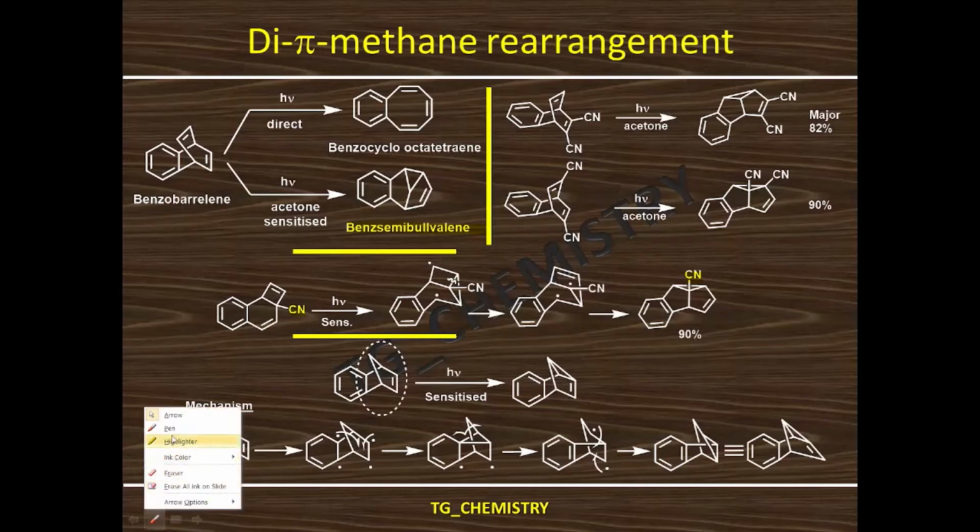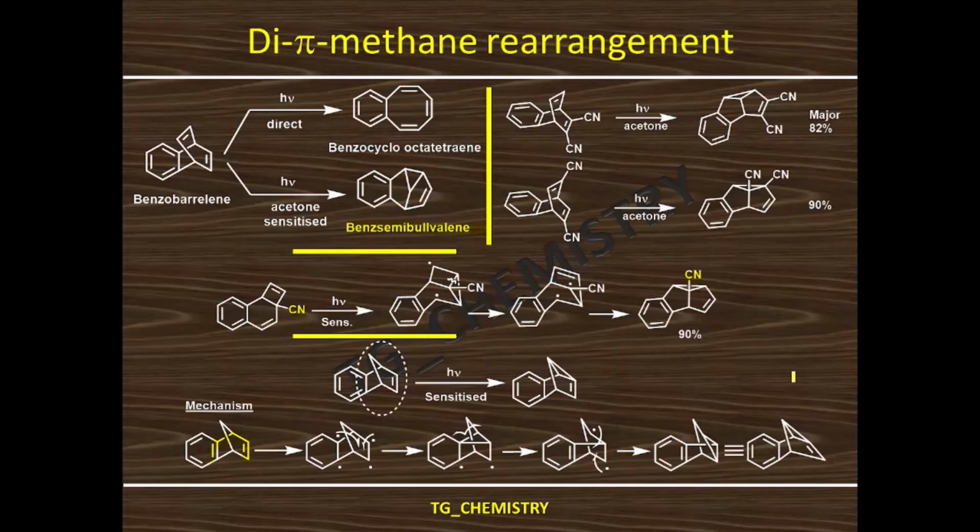Here the di-pi-methane system is considered to be that one. Then after the usual rearrangement reaction, formation of the radicals, as I said, eventually leading to the cyclopropane formation is the basic criterion for this di-pi-methane rearrangement.